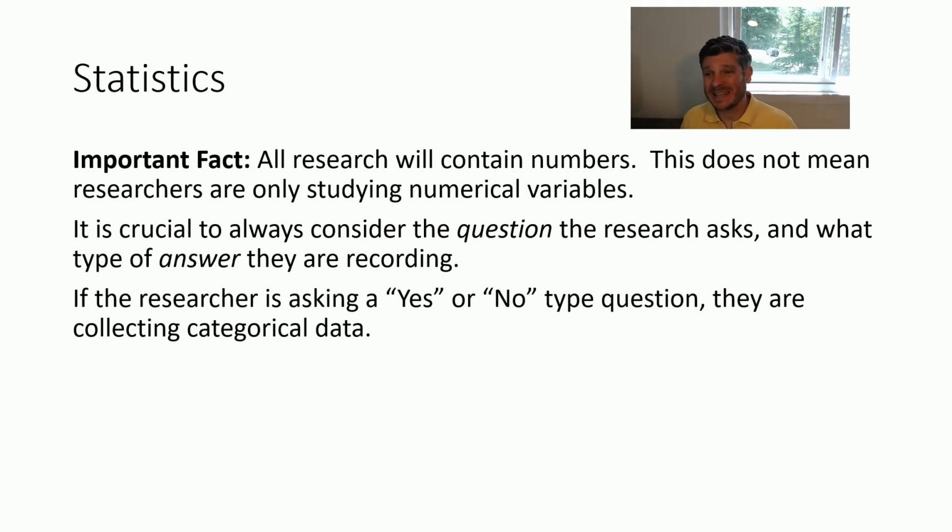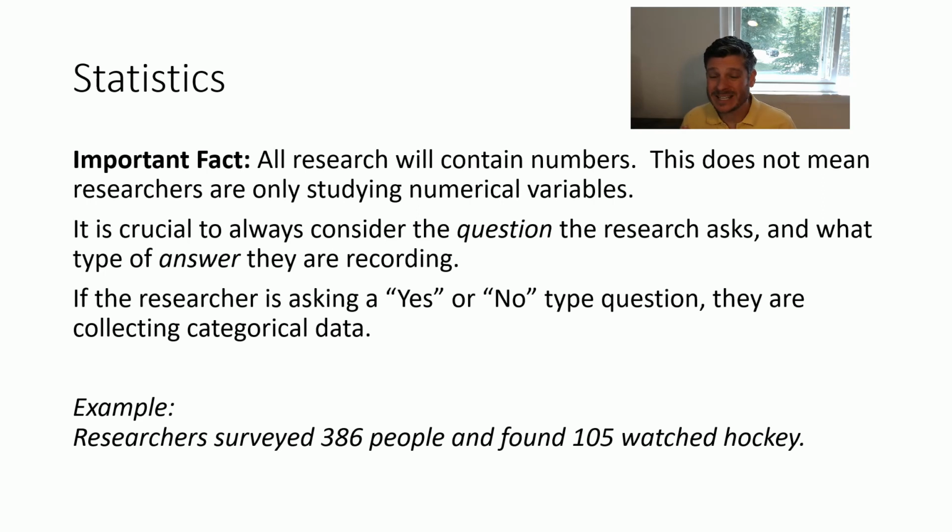That is going to be categorical. That is qualitative data. So again, we're going to see examples where researchers surveyed 386 people and found that 105 of them watched hockey. Well, is this a numerical variable? Are we looking at numerical data? Or is this actually qualitative data?